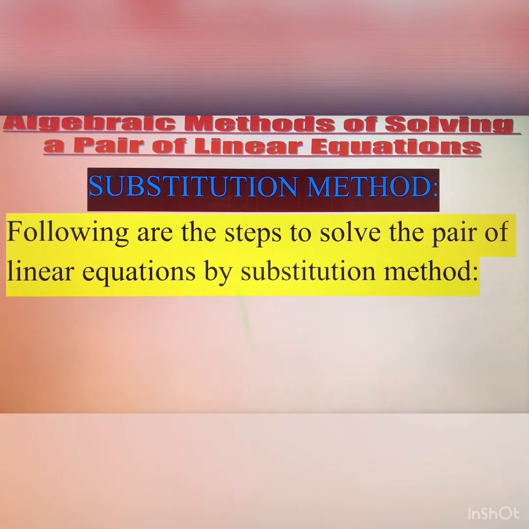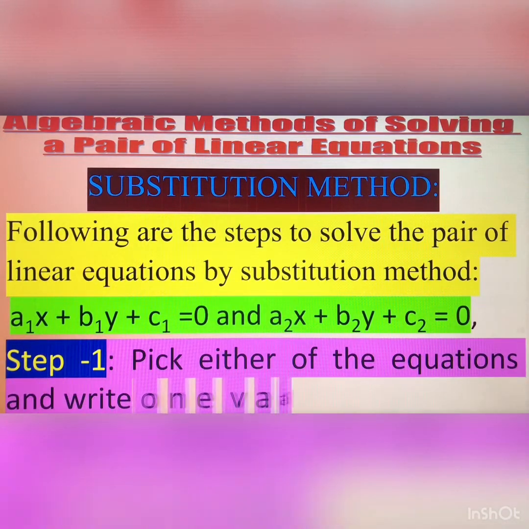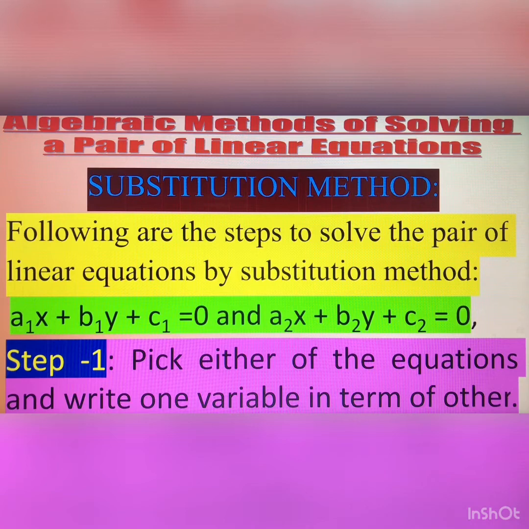So dear, step number one, let us consider this system, that is a1x plus b1y plus c1 equal to 0, the first equation, and a2x plus b2y plus c2 equal to 0, this is the second equation. So step number one, pick either of the equations and write one variable in terms of the other.